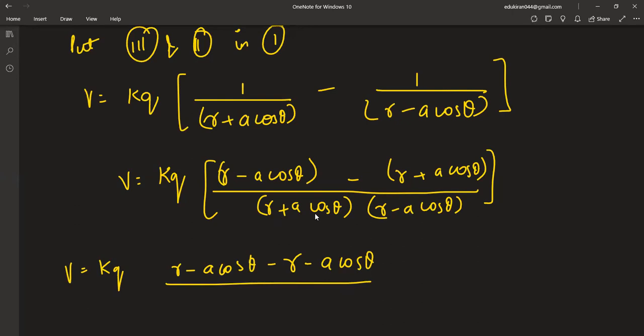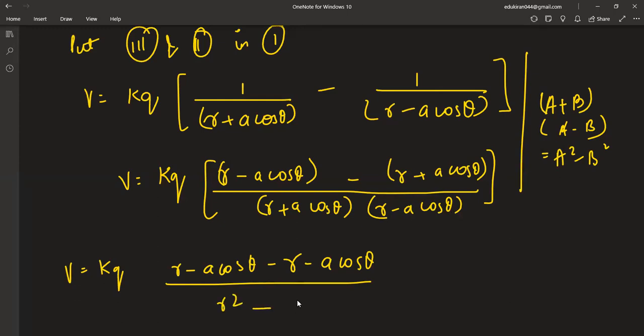This is A plus B into A minus B. Remember this identity? Can anyone tell me what is the answer equal to? In 8th class, you people have done this identity. A plus B into A minus B. A square minus B square. Very good, Fia. A square minus B square.